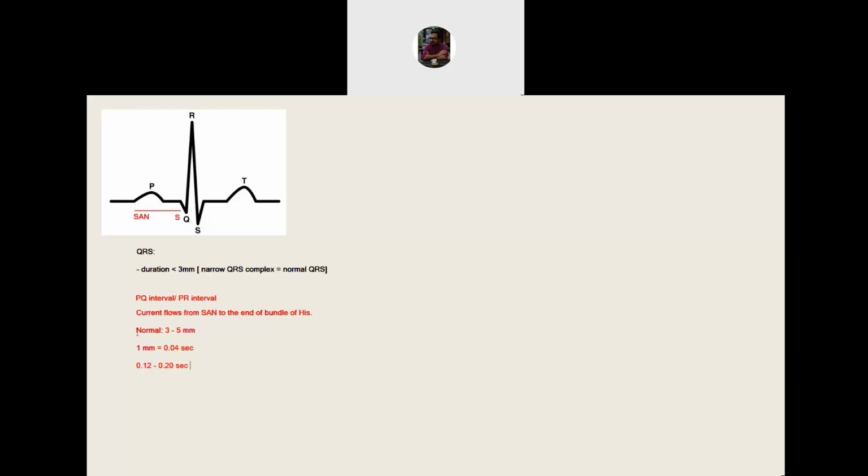The next important finding in the ECG is the T wave. So what does the T wave represent? The T wave represents ventricular repolarization.